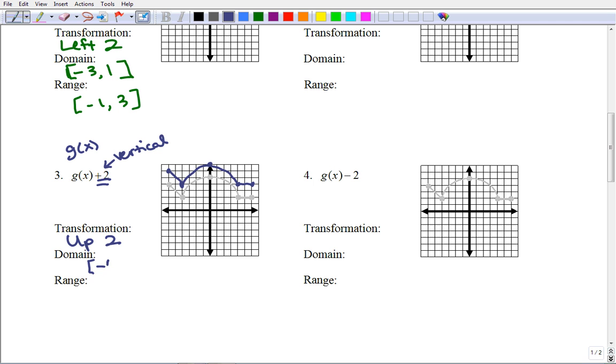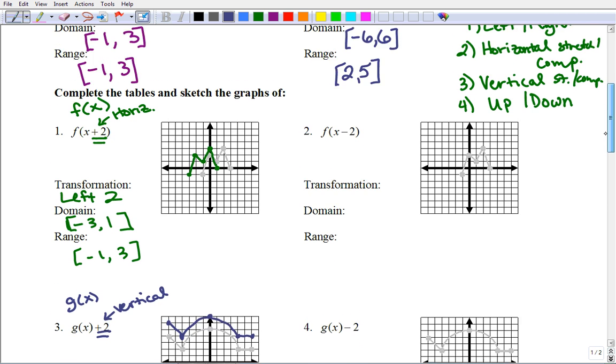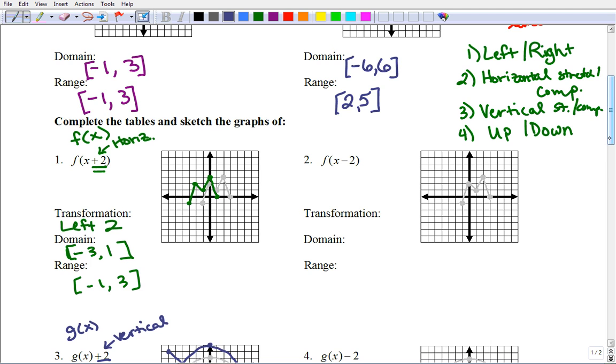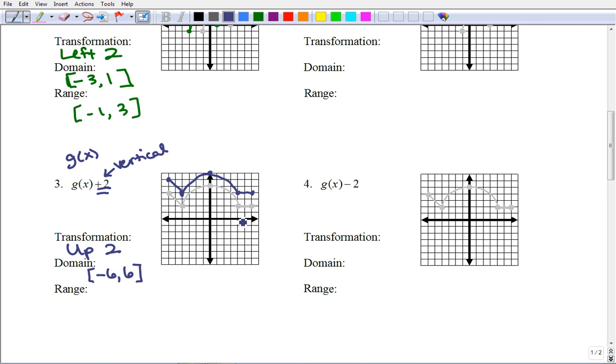So the domain does not change, [-6, 6]. But the range, because I moved up 2, all of my y values should be up by 2. So originally, my range was [2, 5]. Well, now because I've moved it up 2, my smallest y value is 4. And then my largest one is 7. So my range increased on each of the values by 2.